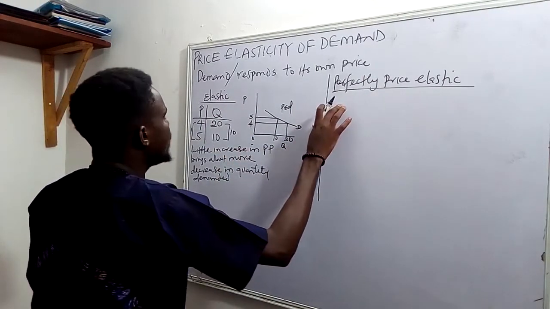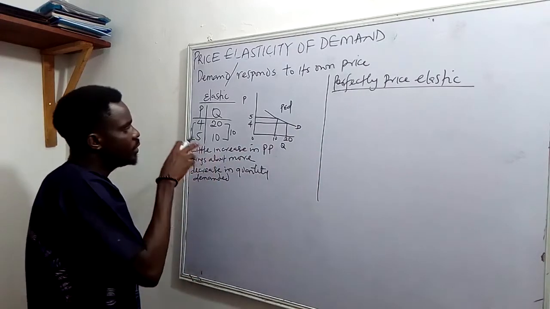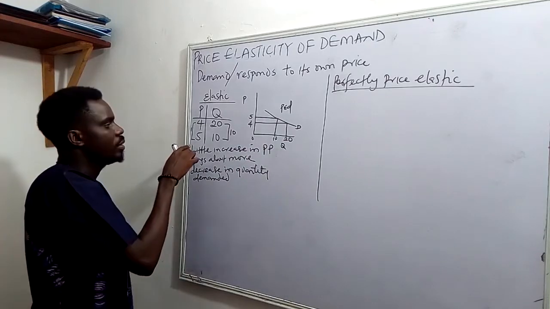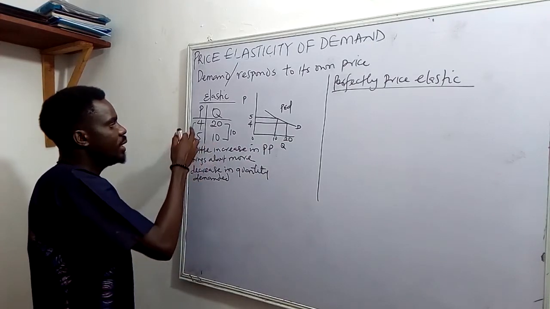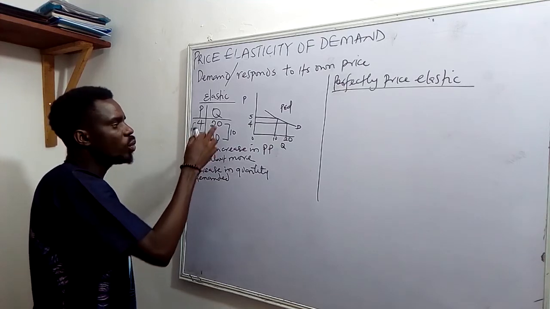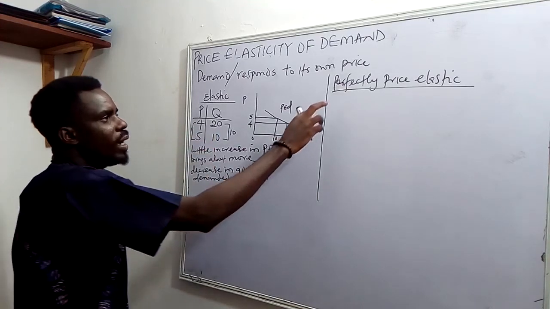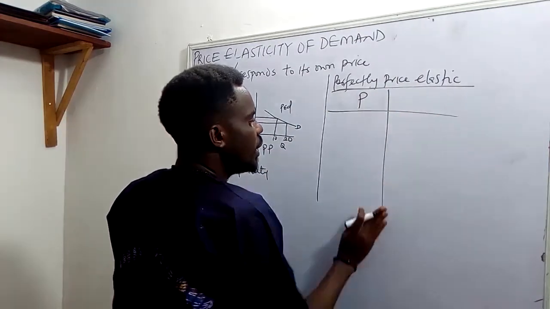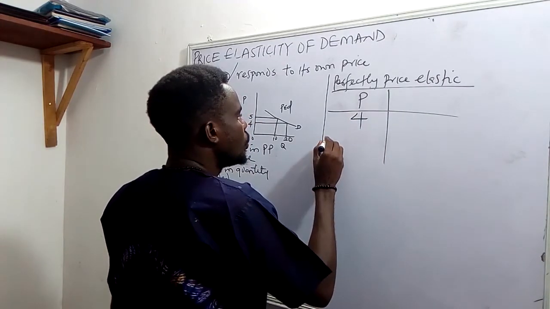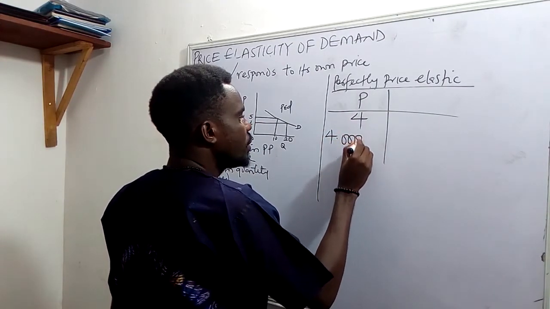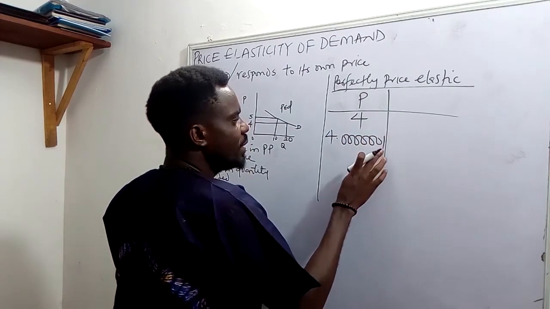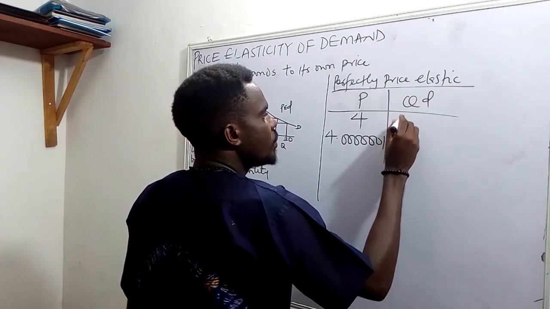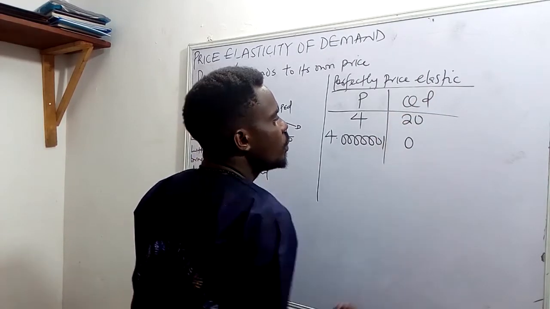When a product is perfectly price elastic, it shows that the seller does not have market power, because when the product is elastic, a little increase in price reduces quantity demanded drastically. When it is perfectly price elastic, an insignificant increase in price, let's say from 4 to 4.00000001, which is insignificant, would bring about zero demand.